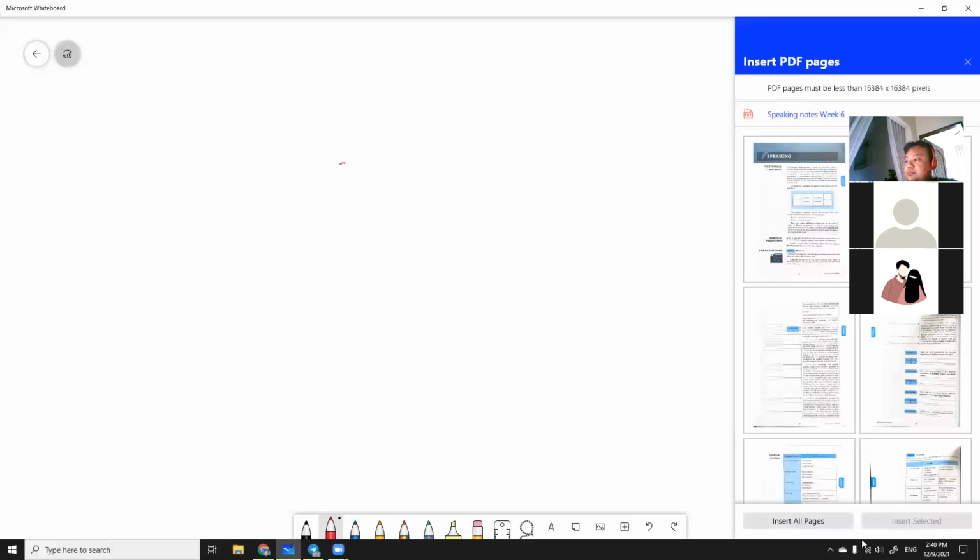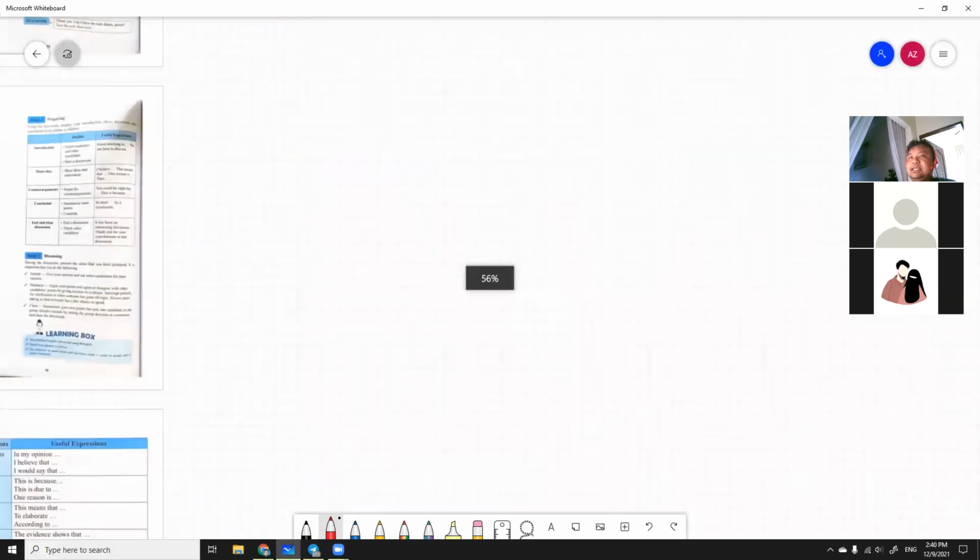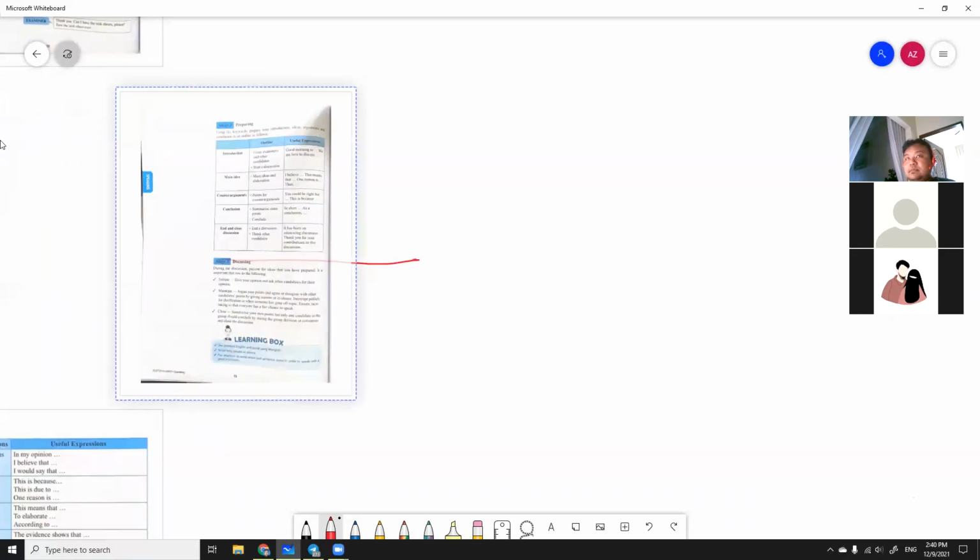Where's my cursor? Insert all pages. Right, so we can actually zoom this in.